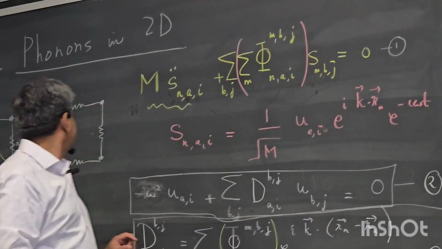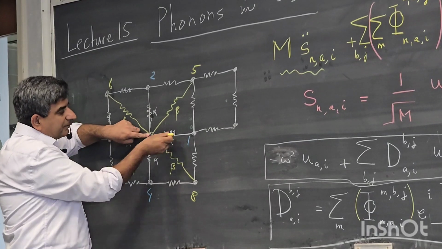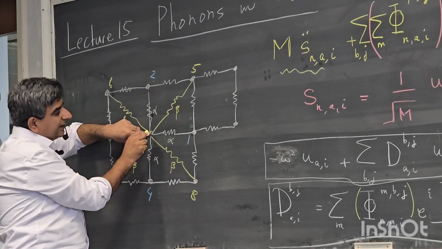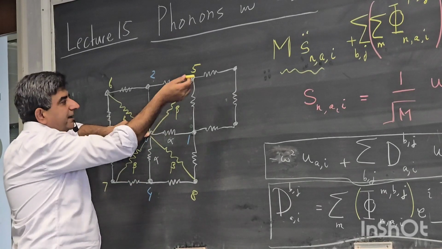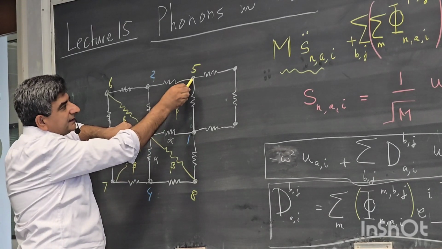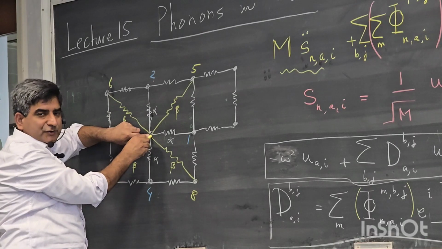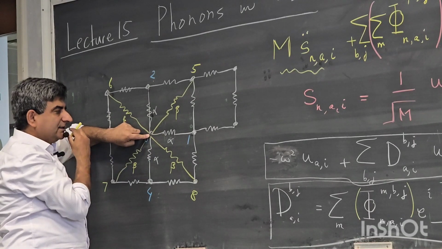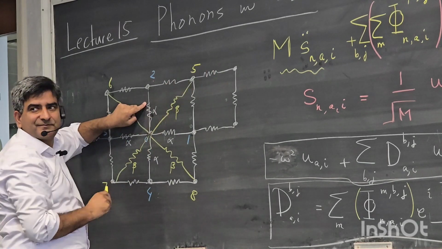Now consider the force applied on this atom in a particular direction, and all the neighboring atoms with which this atom is interacting, they can move in either direction. They can move along x, they can move along y. So if I displace this atom along x, I will get a component of the force on this atom along x. I can also get some force on this atom along y, even though I moved this atom along x.